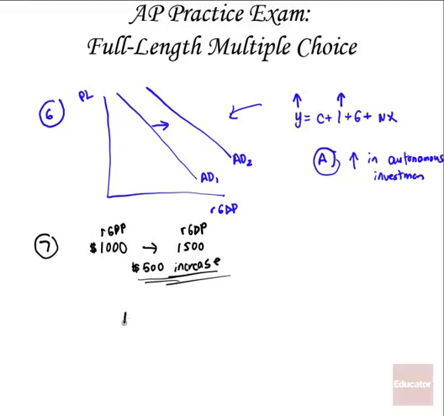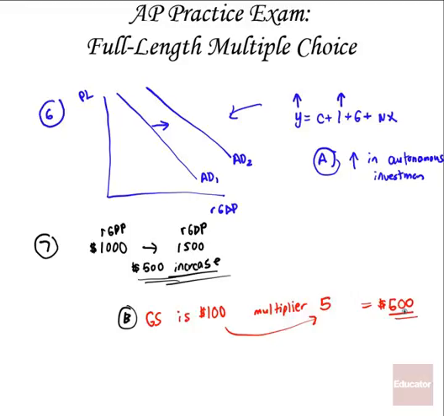And the answer is going to be B, because the reason why B, government spending, is $100, and with the multiplier being 5, when you multiply that together, you get an increase in $500. It's actually that simple. A, you're going to get $1,500 increase.